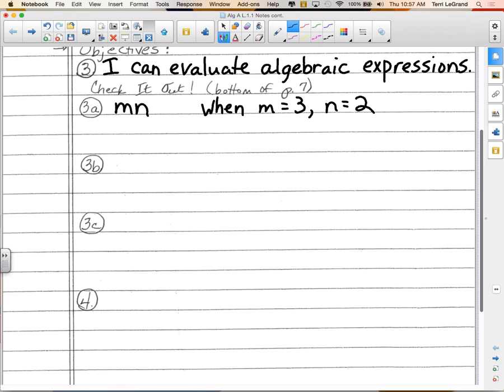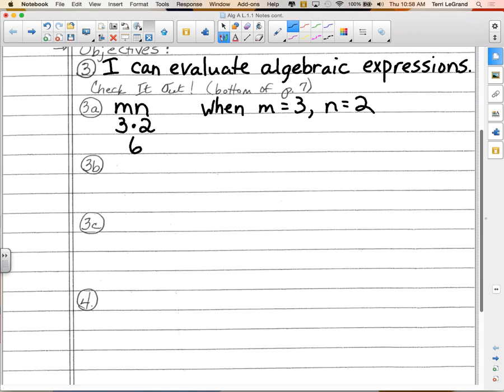Now we substitute in, so we substitute a 3 in for the m. I'm going to put a multiplication dot there. We could just use parentheses around our 2 to show multiplication also, but we do not use the x because that could look like the variable x, right? We can mistake it for the variable x. So now we're in algebra. We're going to use multiplication dots. And 3 times 2 is 6.